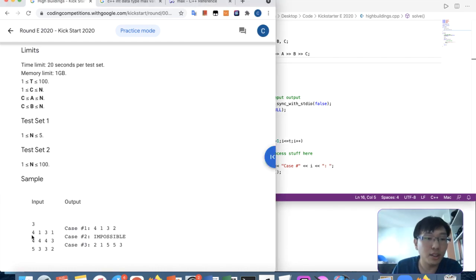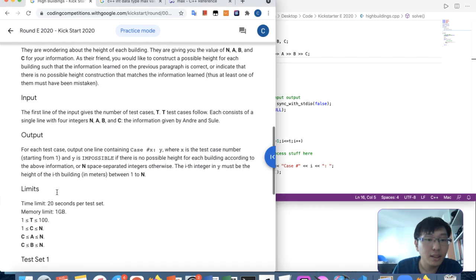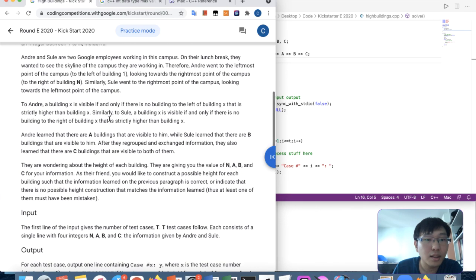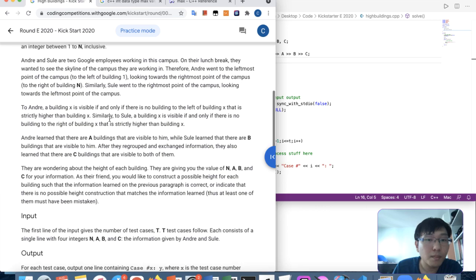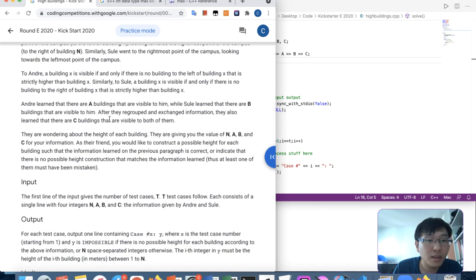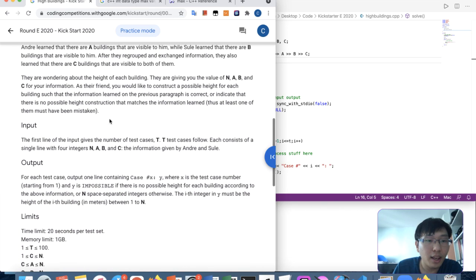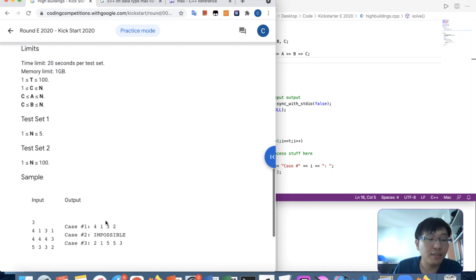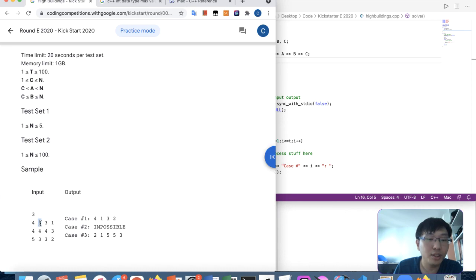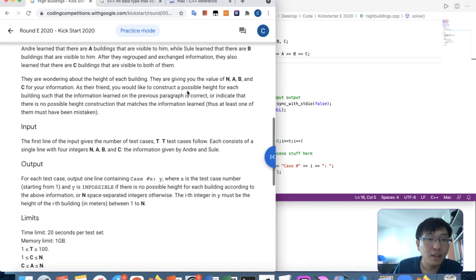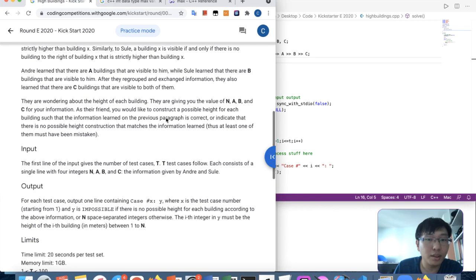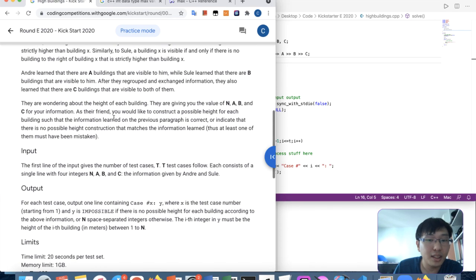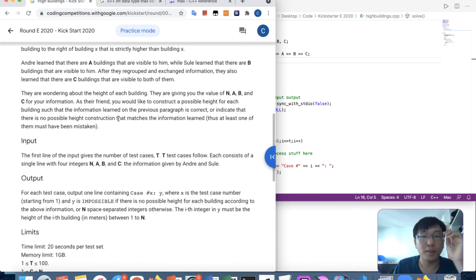N is the number of buildings. And then A, B, and C. Okay, this is not that hard after all. A is looking from left to right, B is looking from right to left, and then C is visible to both of them.